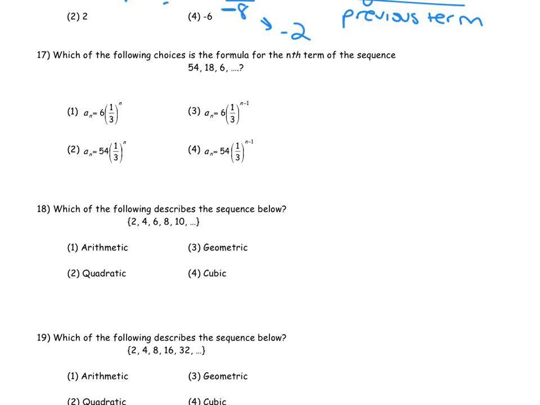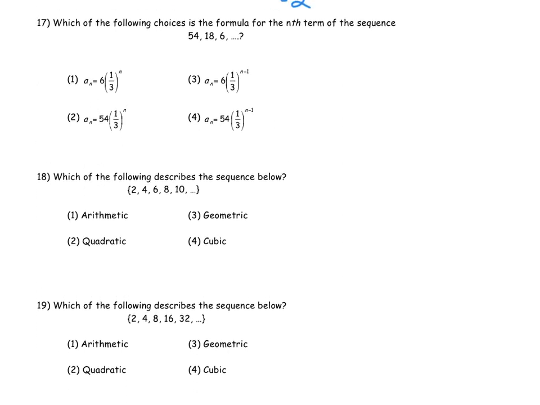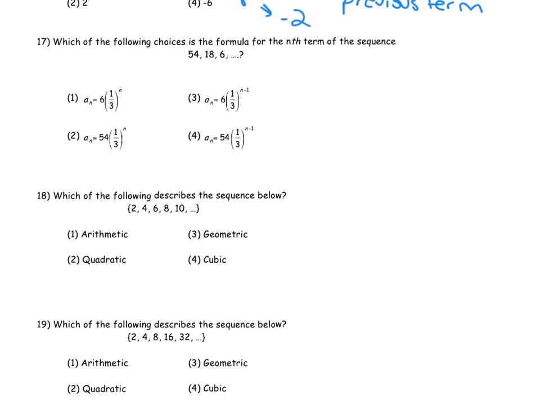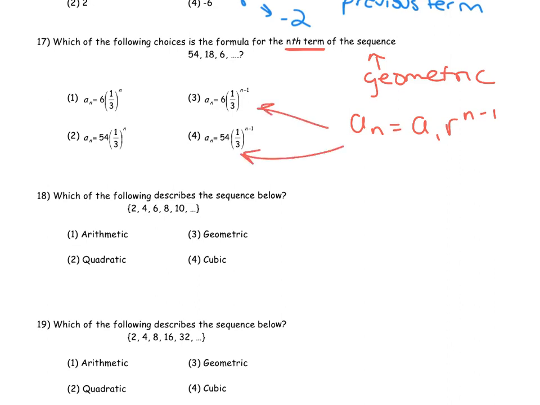Let's finish up with 17 and 18 here, and we've still got 19 as well. For question 17, which of the following is the formula for the nth term of this sequence? We first look at our answer choices, and all of them are geometric, following the formula a sub n equals a sub 1 r to the n minus 1.